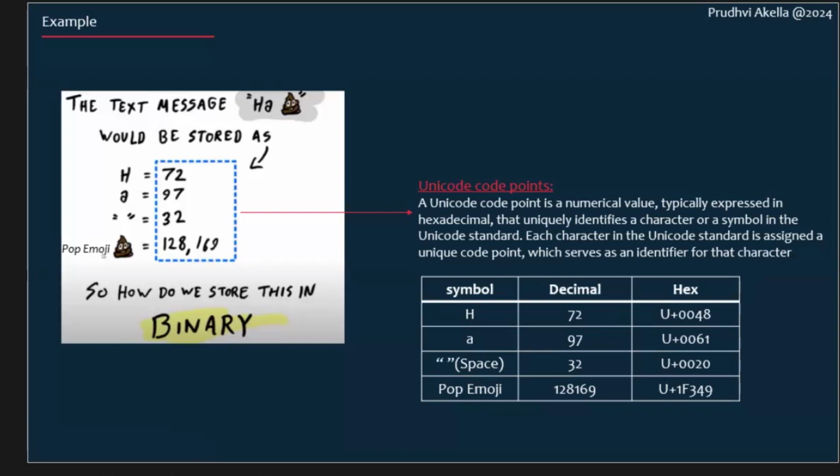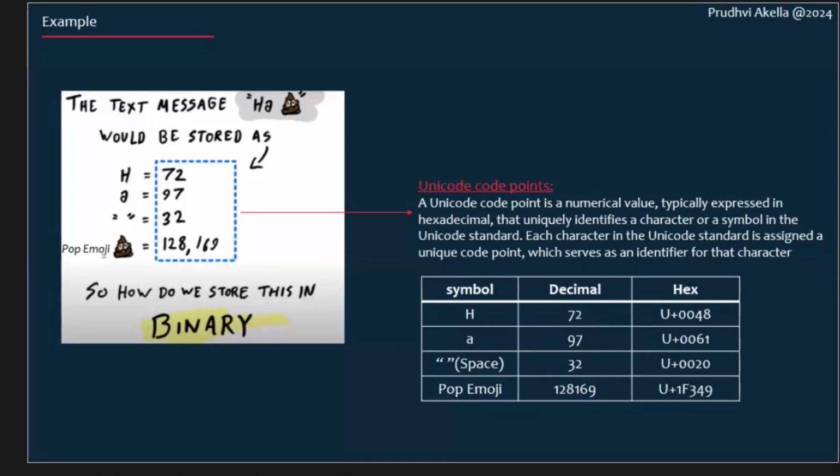That's correct. So this is the symbol, and the equivalent decimal number for each symbol from the Unicode table is this. H is 72, A is 97. These are basically the ASCII characters, correct? Even the space is an ASCII character. Any letter that is less than 127 is an ASCII character. The first 127 symbols of Unicode are ASCII.